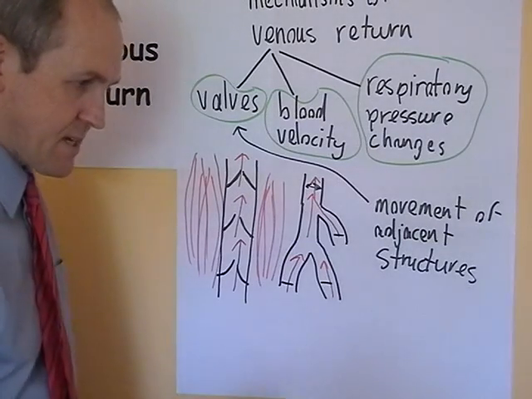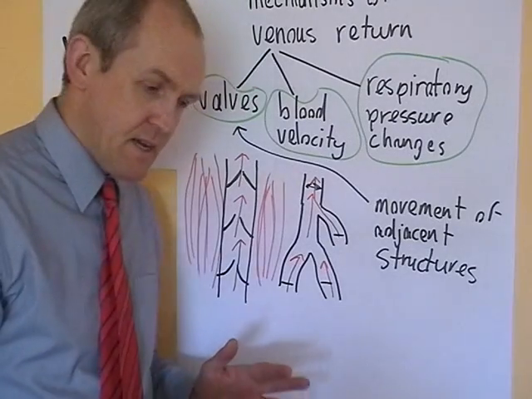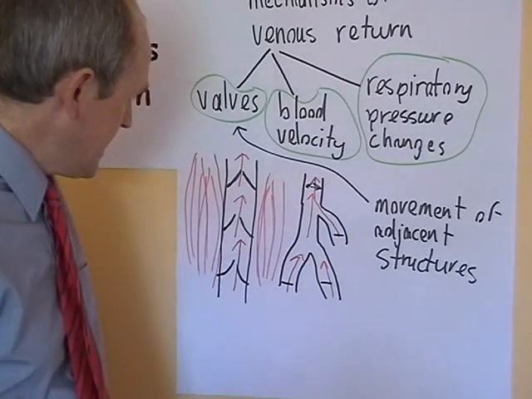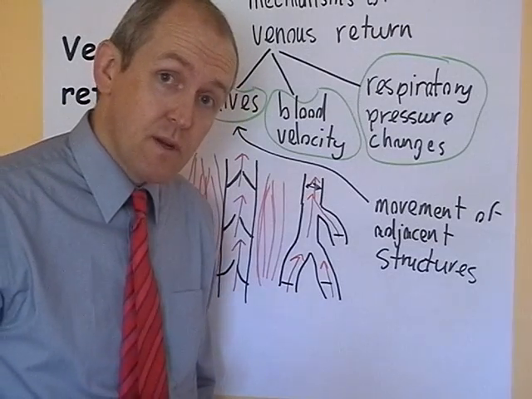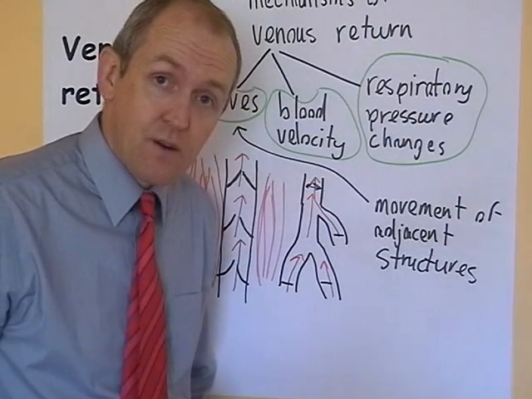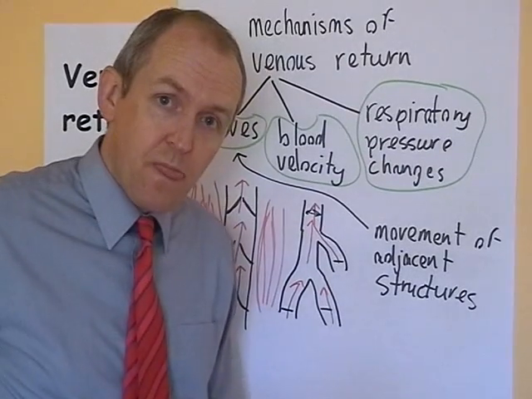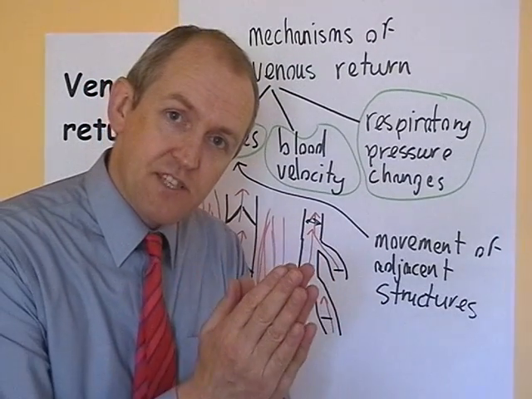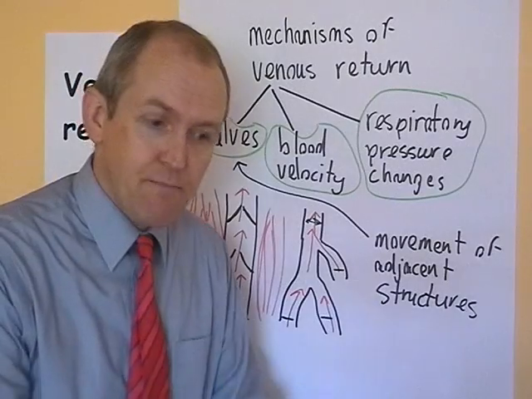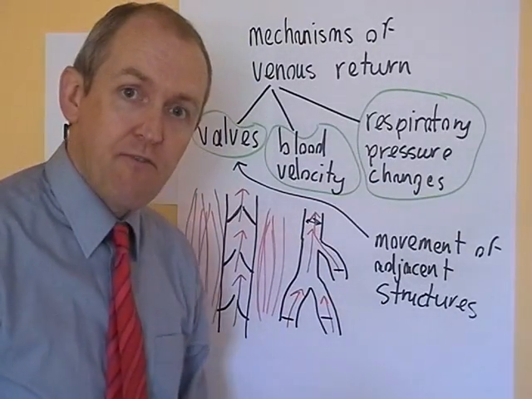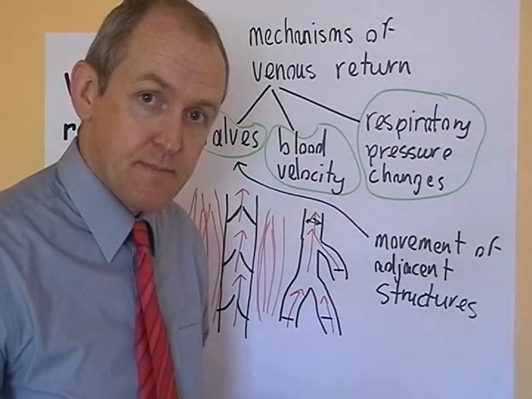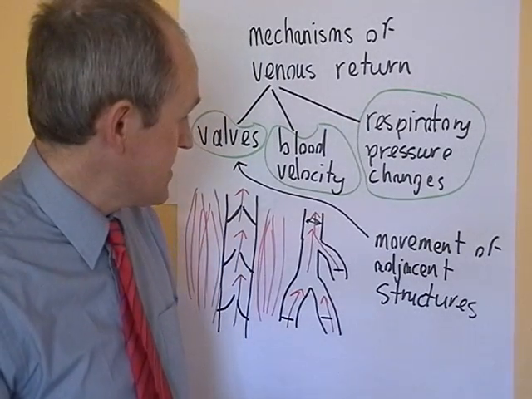So when the muscle contracts, it compresses the vein, and the blood goes up. This works remarkably effectively in the leg. In the lower leg, for example, when you move your ankle and compress the calf muscle, the muscles compress the vein so effectively, the blood absolutely swooshes back up the leg. This is called the calf pump mechanism.